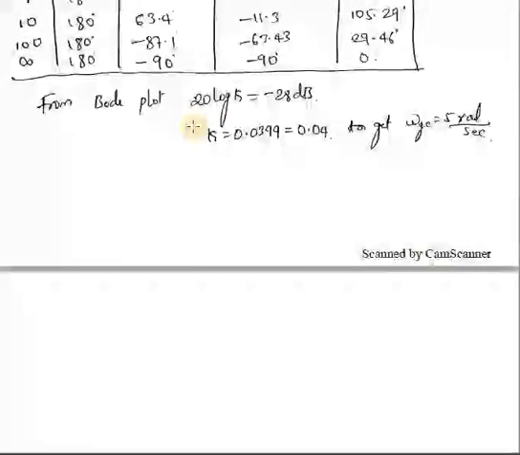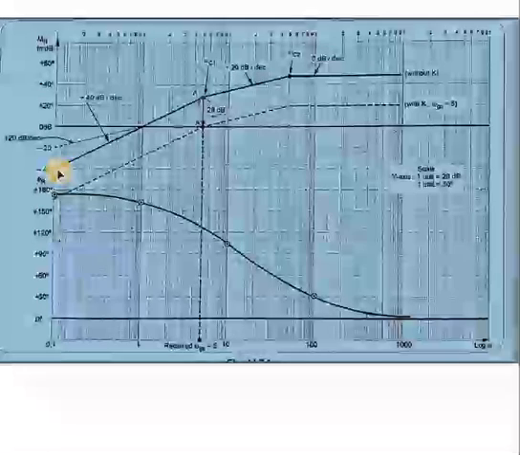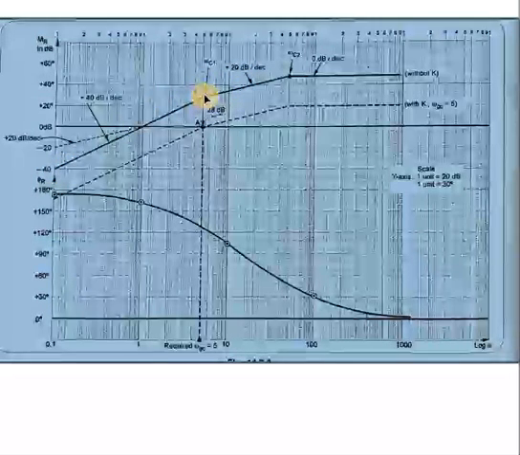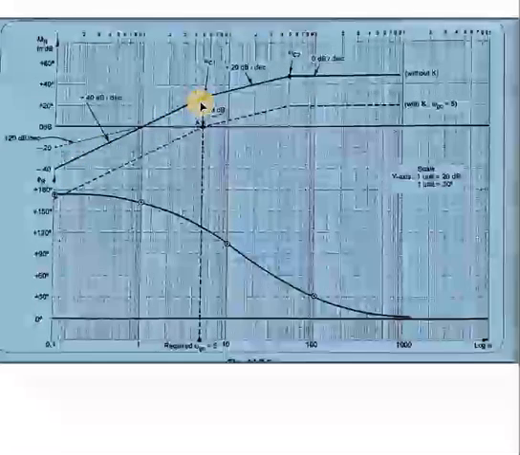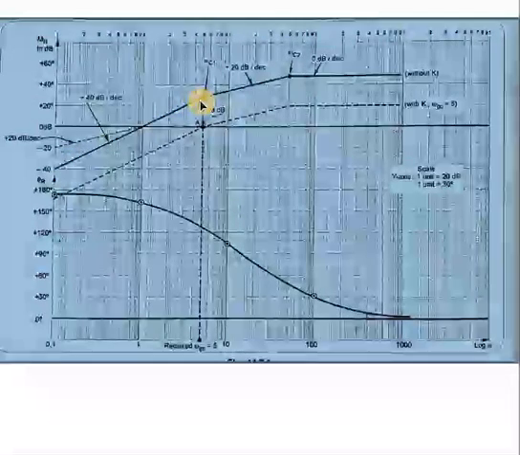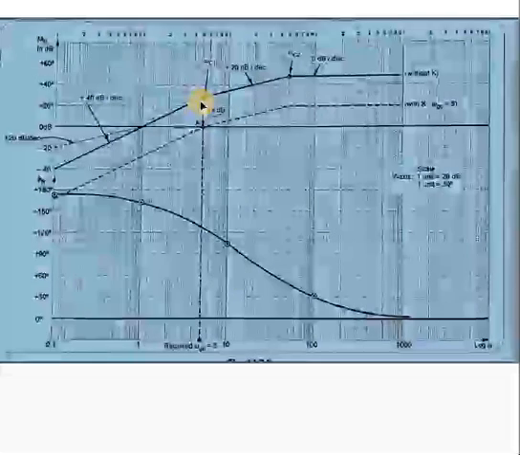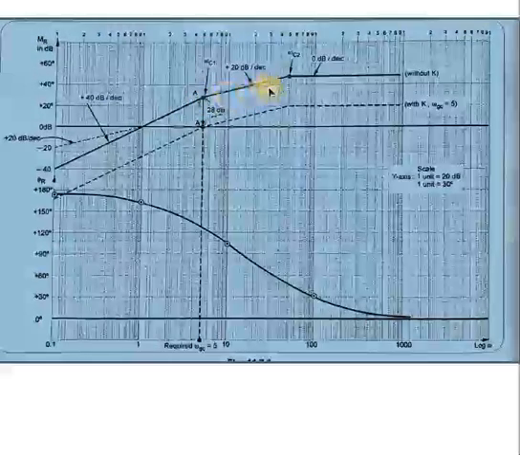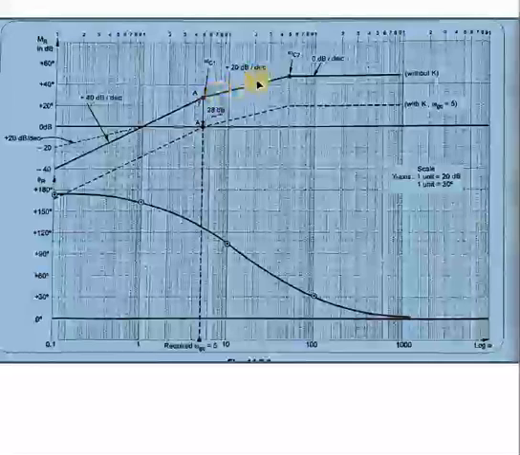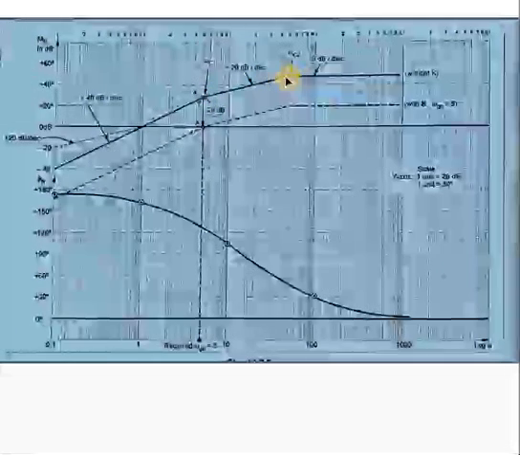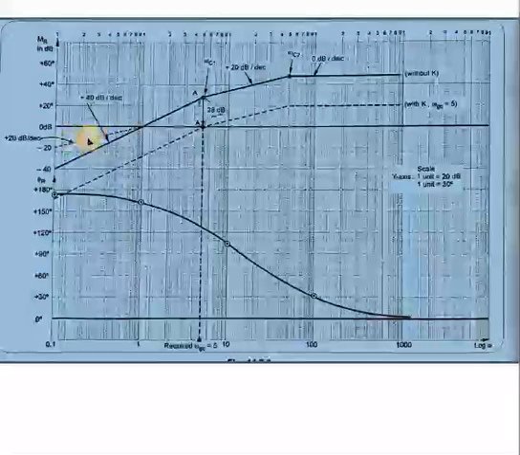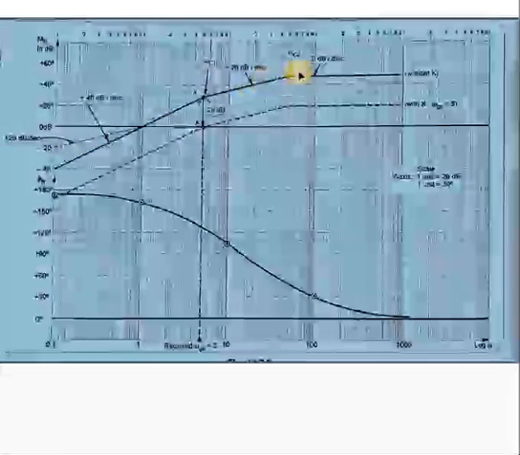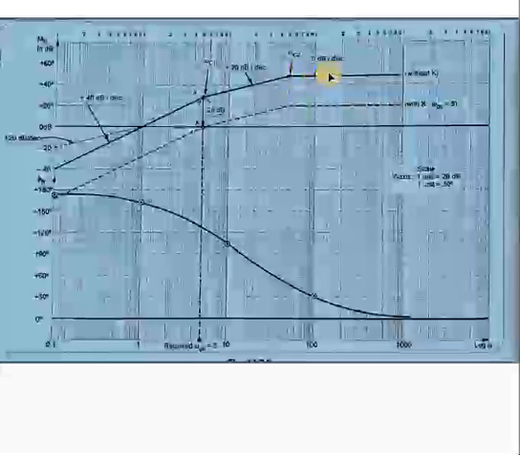So from this value up to omega c1, it will be with 40 as the slope only. Then the next frequency is 50. From 5 to 50 it will be with plus 20 dB as the slope. That means it should be parallel to this 20 dB slope line. Then after that it is with the zero slope.